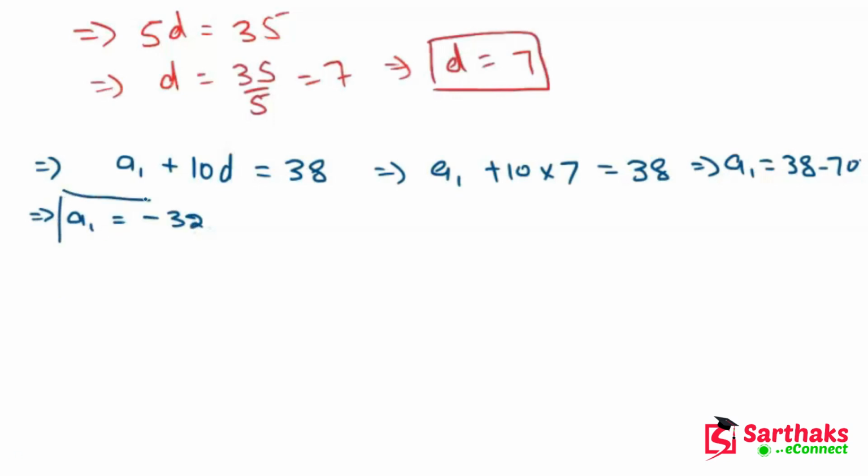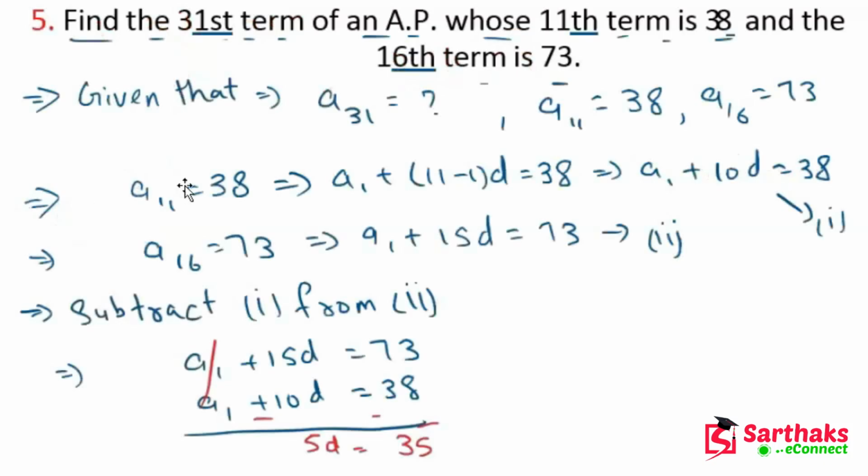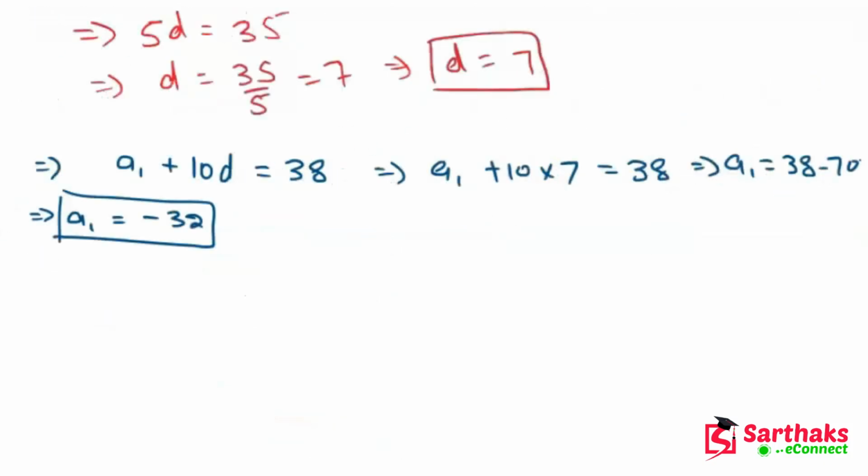Now we have the value of a1 and the value of d, and we have to find a31. We know that an is equal to a1 plus n minus 1 into d.